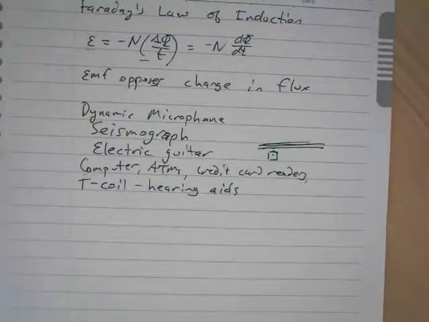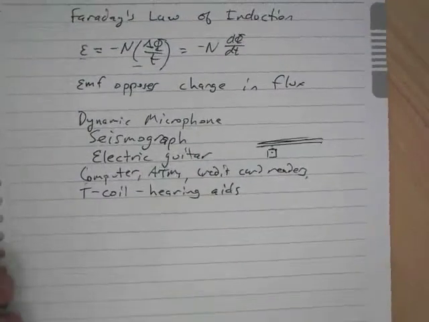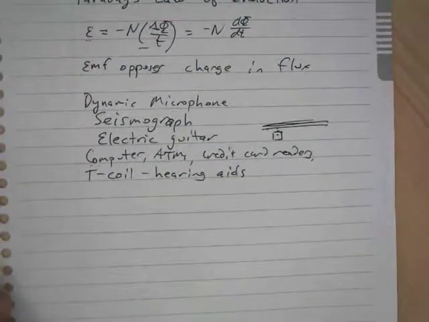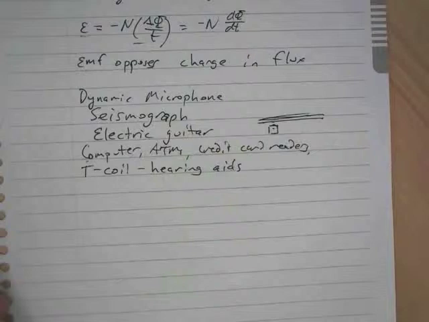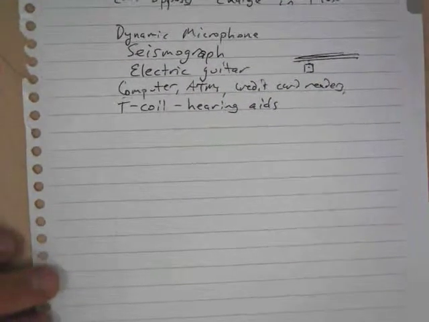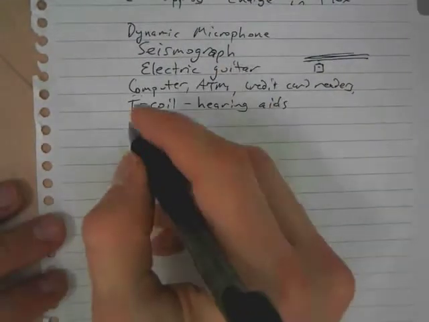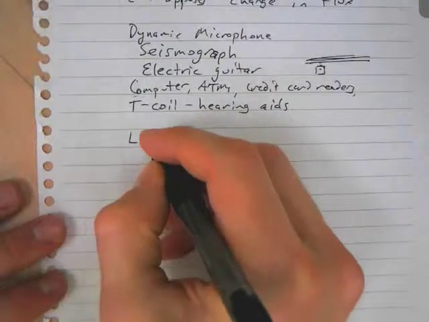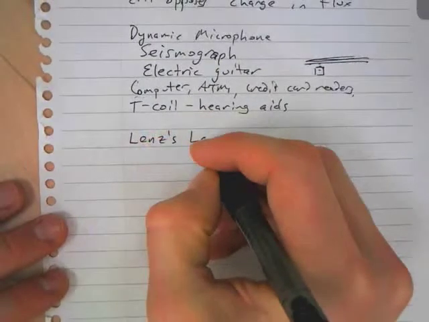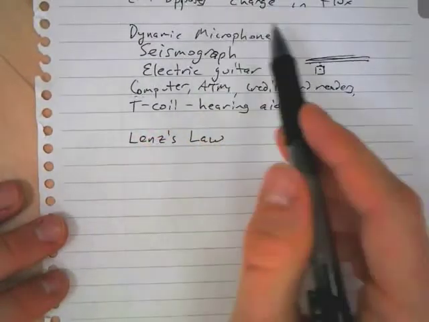Anyway, so that's just some different applications of Faraday's law, and it's something that's very much in use in a lot of devices that we see every day. There's another law that's kind of related to Faraday's law. It's called Lenz's law, which is kind of what I already said, that the EMF opposes a change in flux.